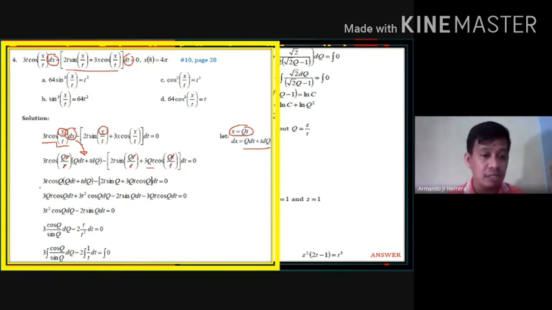So this gives you 3t cosine q multiplied by this dx pa rin minus the quantity 2t sine q plus 3qt cosine q. So simplifying by distributing in each term, and of course, remember, meron pa tayong dt outside.